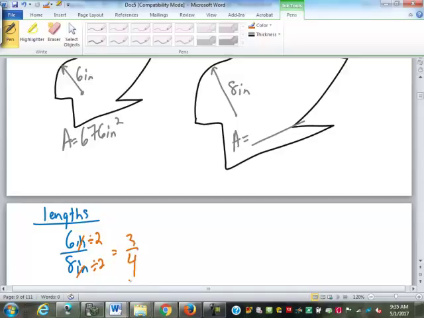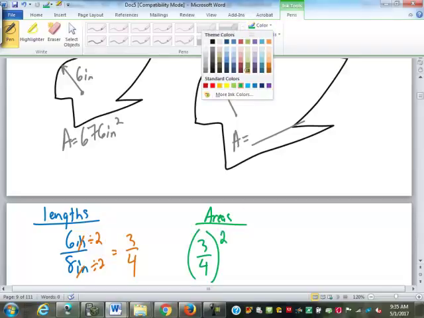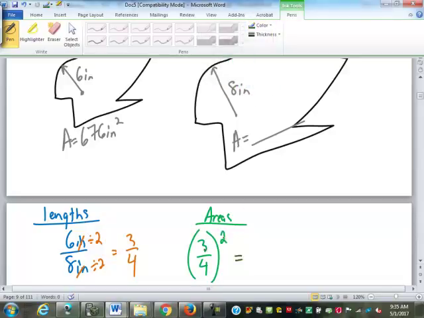Gives me a 3 to 4 ratio of lengths. So now to find my ratio of areas, I'm going to take 3/4 and I'm going to do what to it? Square it. 3 squared is 9. And 4 squared? 16. So the ratio of areas is 9 to 16.